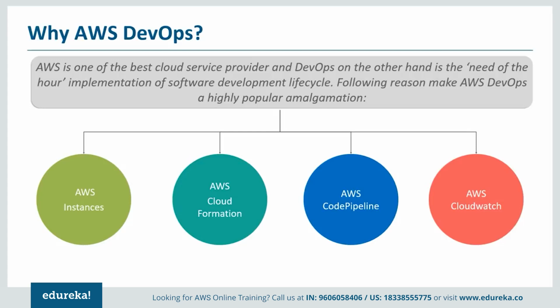Moving further, CloudFormation lets you create templates and environments which you can use to host different kinds of applications. So yes, AWS CloudFormation again is a very important part when you talk about DevOps. AWS CodePipeline basically lets you create a pipeline in which you can put in your data.